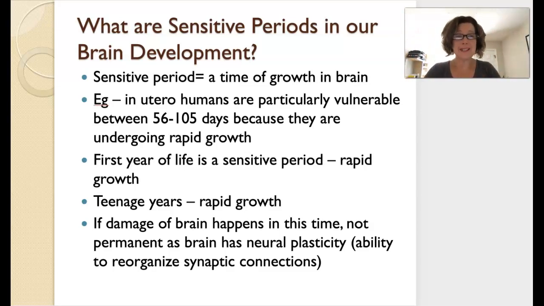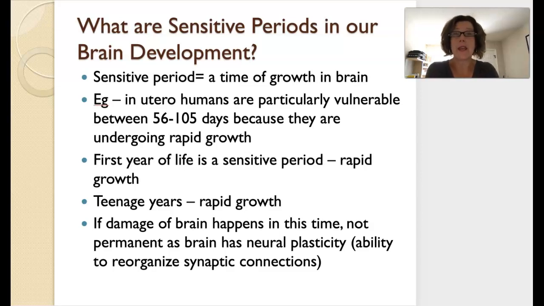I don't think this will be any big surprise to you, but in utero, humans are particularly vulnerable between 56 and 105 days because they are undergoing rapid growth. So their brain in utero is just cruising at that month and a half to about 4 month stage.